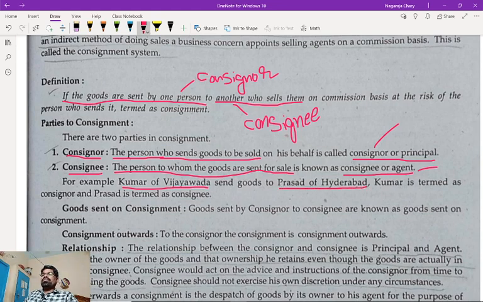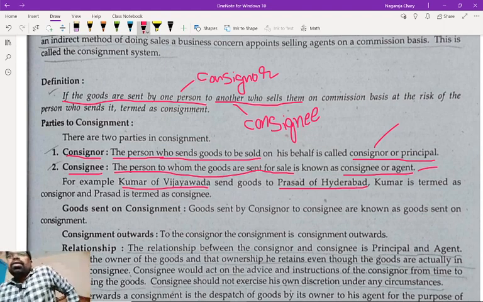Kumar stays at Vijayawada and sends goods to Prasad, who stays at Hyderabad. So Kumar is termed the consignor and Prasad is termed the consignee. Why? Because Kumar is sending goods and Prasad is receiving them.